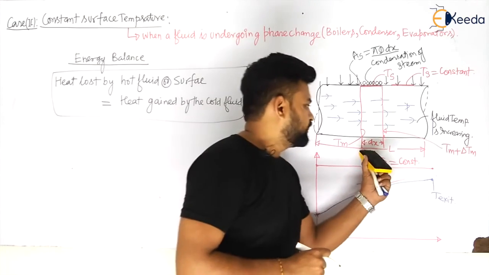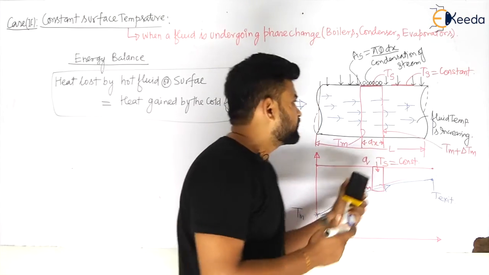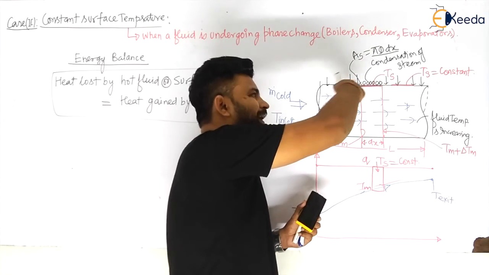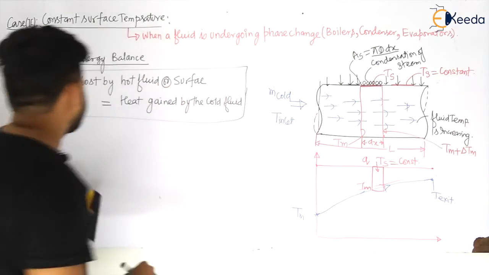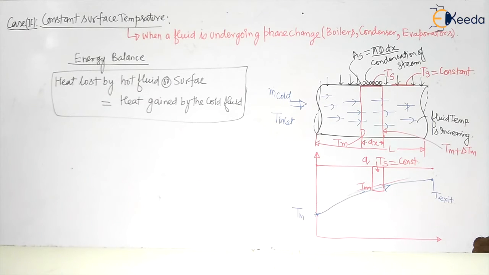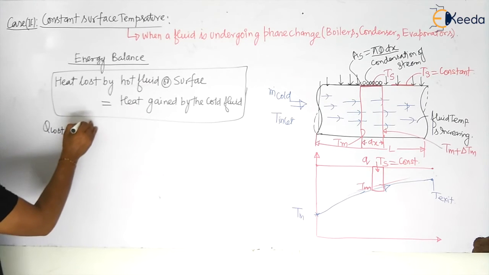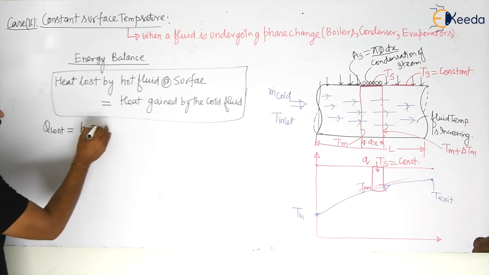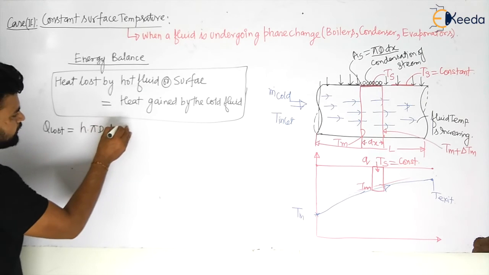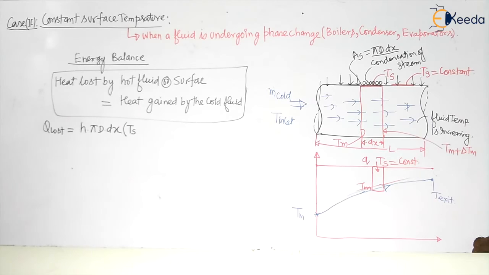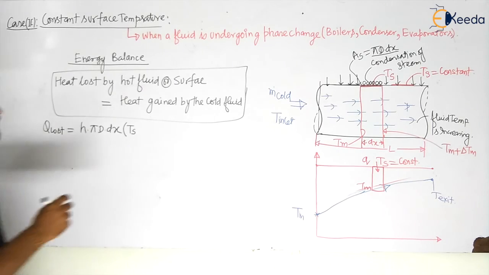Now let us use this. What is the heat lost by the fluid? This will be nothing but q into pi d into dx. And we can calculate the heat lost, Q lost, as h into pi d into dx multiplied by the surface temperature minus the mean temperature.